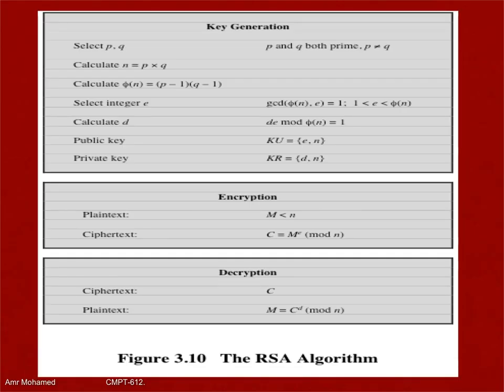How it's used. RSA uses these 6 systematic steps. Number 1: inside a source, the source will independently and secretly, locally, select 2 prime numbers such that each one of them is 300 digits.